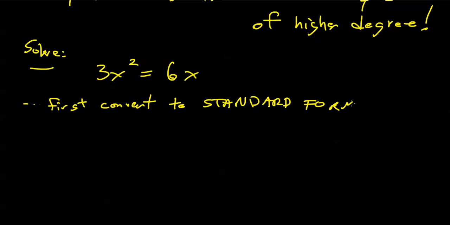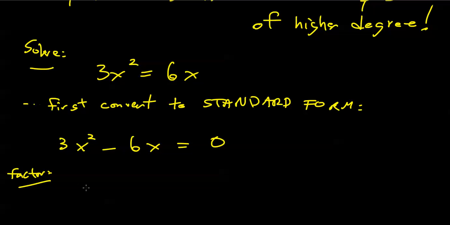So typically what we do is arrange the variable terms on the left hand side in decreasing degree. So for this given equation, I'll subtract 6x from both sides. I'll have my terms in decreasing degree on the left and equaling 0 on the right. That's very important. Alright, now I'm going to factor.